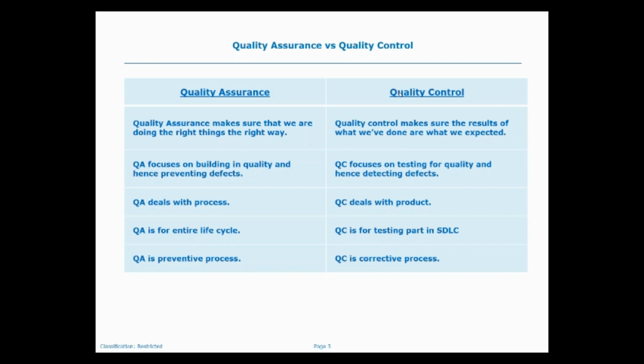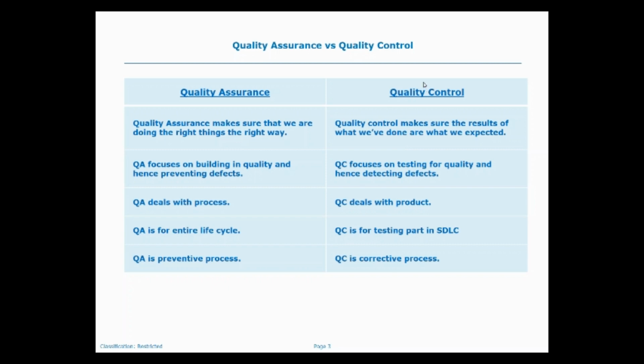Okay, so what is quality control? Quality control is controlling the quality. Now, how we are controlling the quality is, the coder has done the part of coding, and now he has given the product or the software to the tester. Now the tester is going to go and test that particular code and find out if there are any bugs, mistakes, or defects.